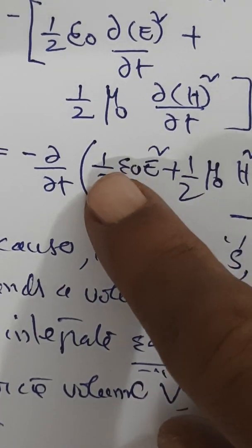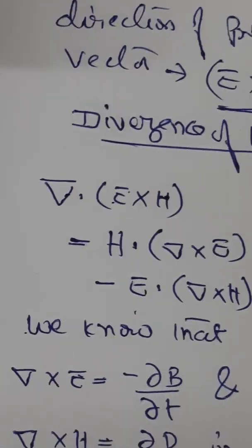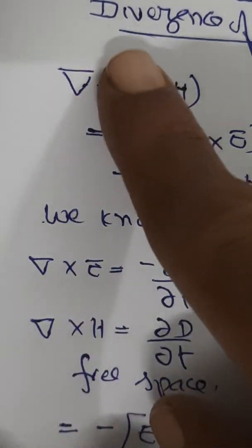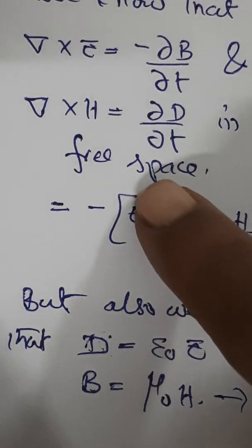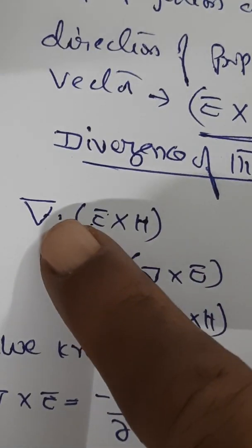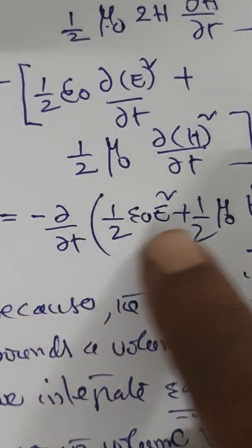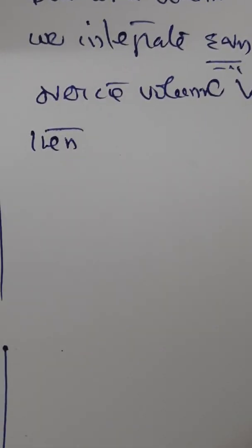what is the left hand side of this equation? The left hand side is this one. These values are substituted here only. So that is del dot E cross H, which finally we got as minus dou by dou T of this one. So we integrate on either side. Both sides, what will we get?